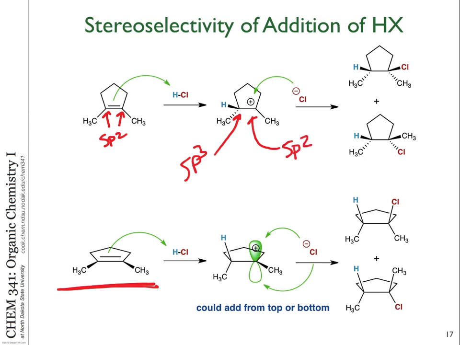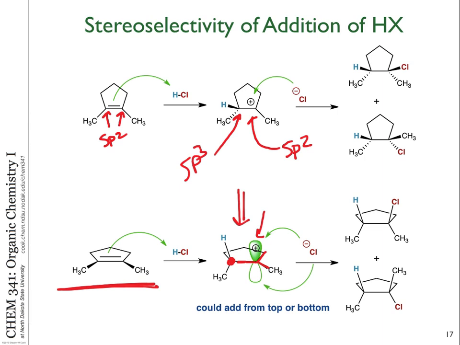Okay, and so a three-dimensional picture is drawn here below. What you see is this sp3 hybridized carbon now with the hydrogen on the top. The sp2 hybridized carbon has a p orbital which has a lobe above and below the plane. That's still a planar system here.